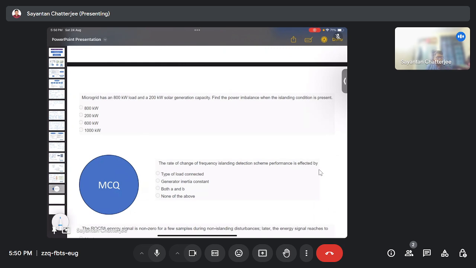So a microgrid has an 800 kilowatt load and 200 kilowatt solar generation capacity. Find the power imbalance when the islanding condition is present.